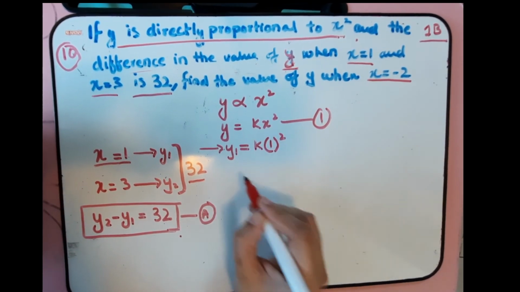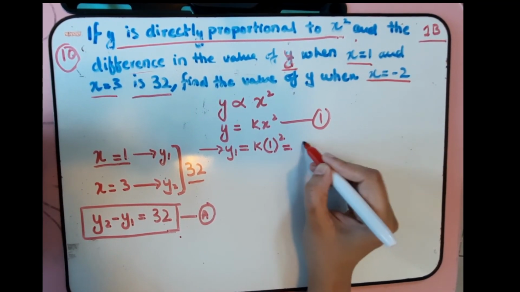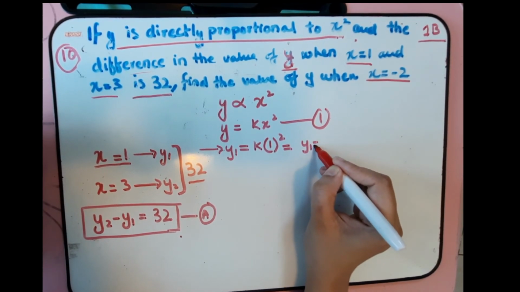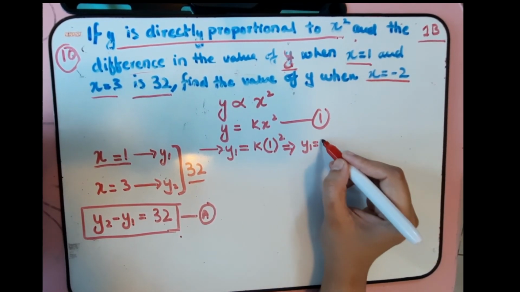Y1 is equals to k into 1 whole square, which is k.